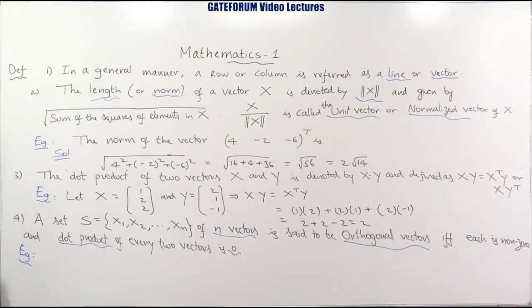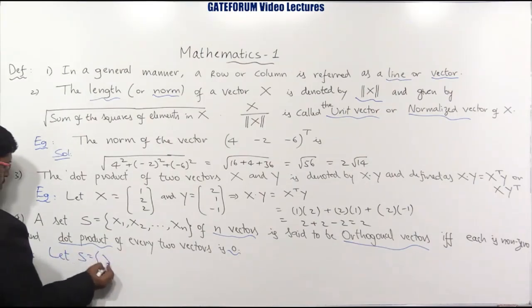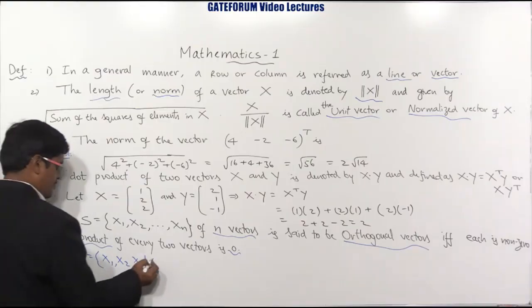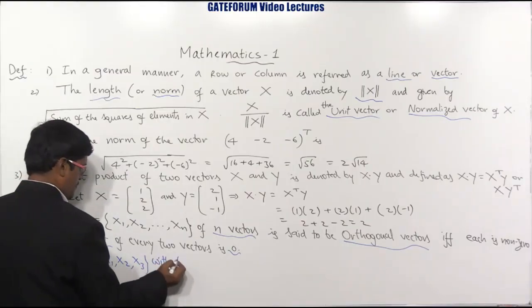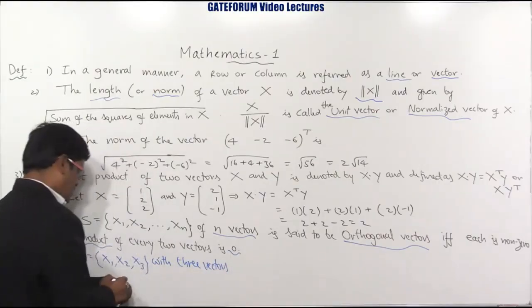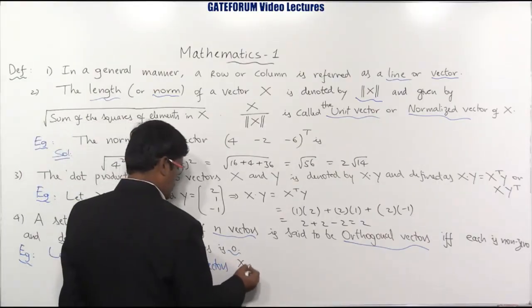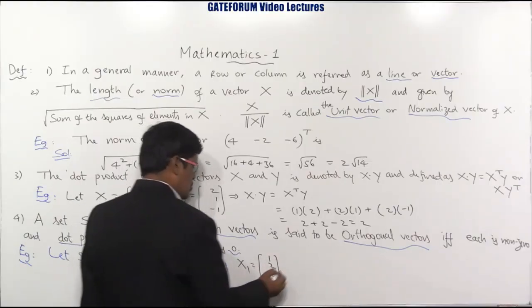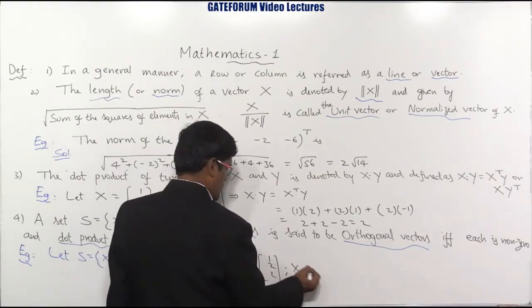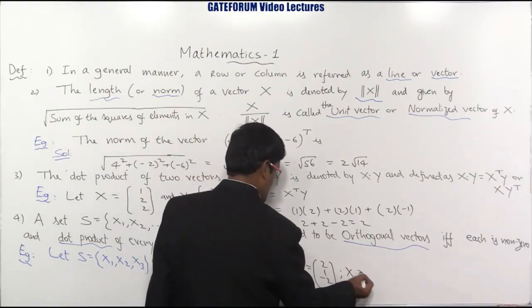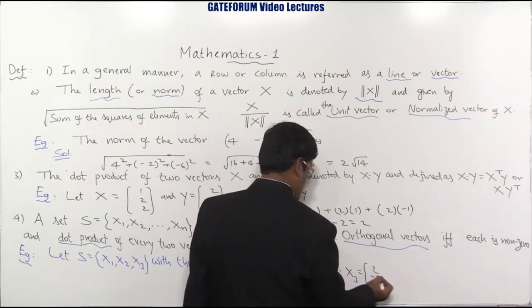Example. Let S is equal to, I am taking 3 vectors, with x1 equal to either row vector or column vector (1, 2, 2), x2 is equal to (2, 1, -2), x3 is equal to (2, -2, 1).